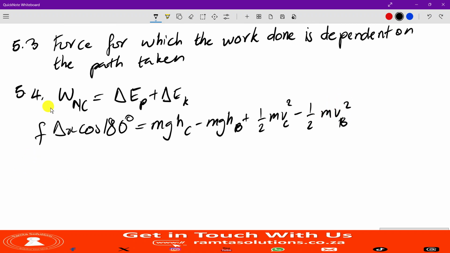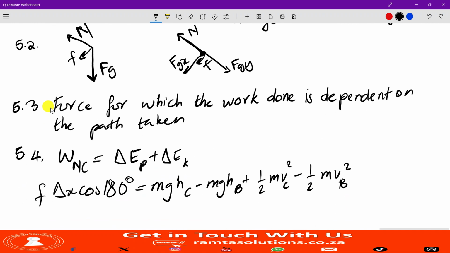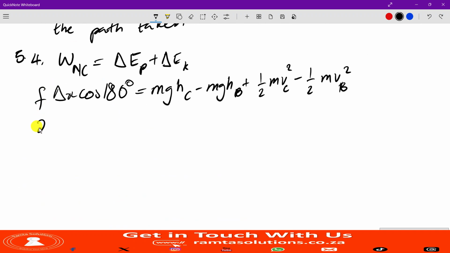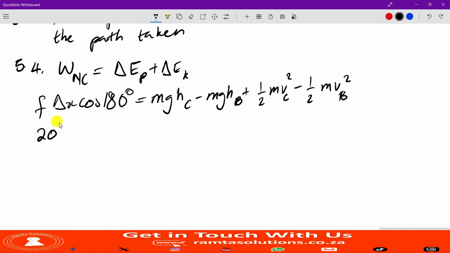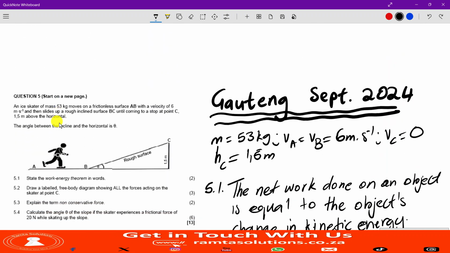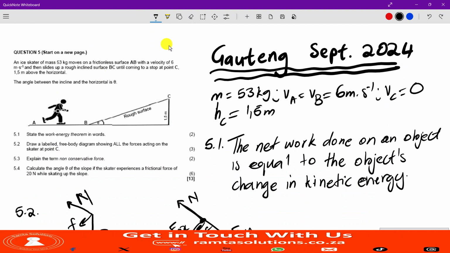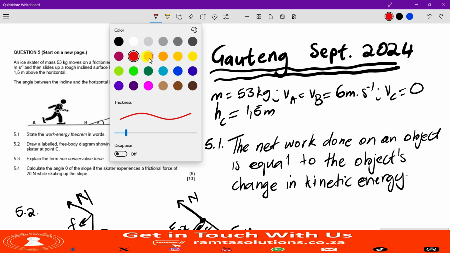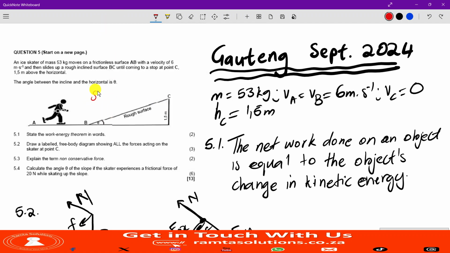So they said the frictional force is 20 newtons. But hold on, there's something I want to show you. The delta x is not given. Can you guys see that? So we know sine theta is equal to opposite over hypotenuse.